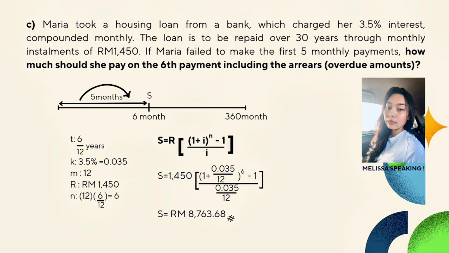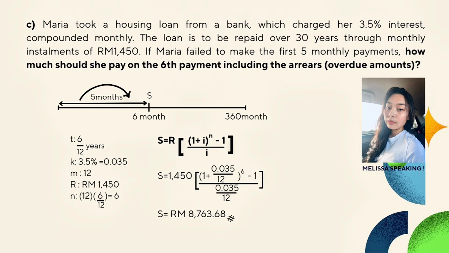I is K over M, which is 0.035 over 12. Then you'll need to jot down the S equals to R times in bracket 1 plus I close bracket to the power of N minus 1 divided by I formula, because same goes to question 2B, we're using the annuity formula whereby we should find the future value of annuity, and that is S. Substitute all the information inside the formula and calculate the answer.